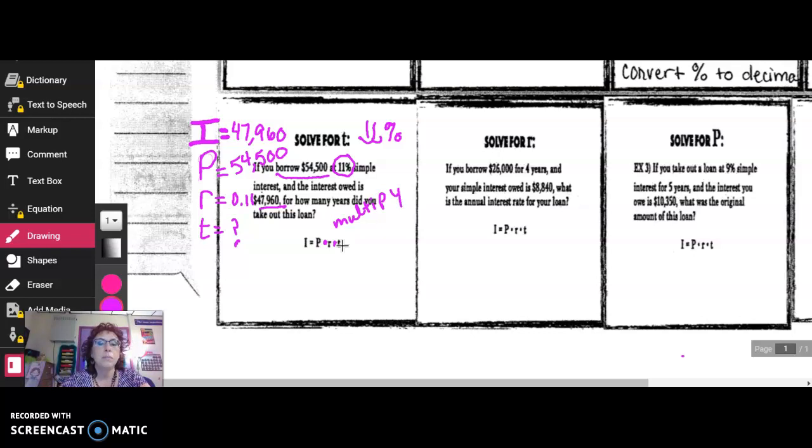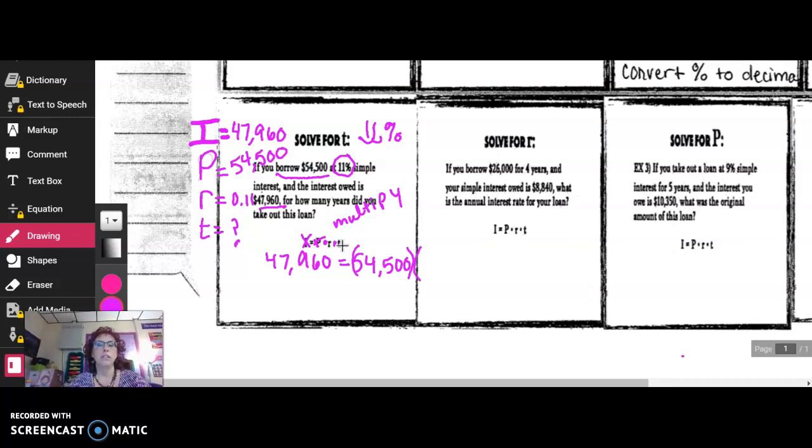So for the I, I'm going to take out I, and I'm going to input the amount of money, $47,960 is equal to P. I'm going to take that away and put $54,500 in its place. I'm going to use parentheses for my multiplication. To me, it looks better. And then I'm going to do 0.11 for my rate. And then time, I don't know.